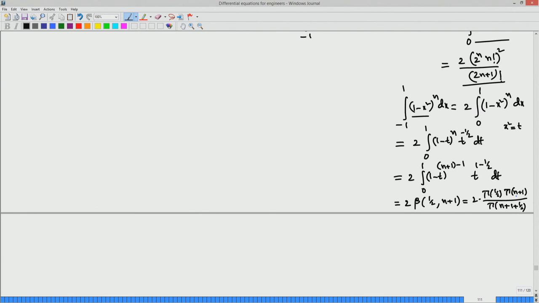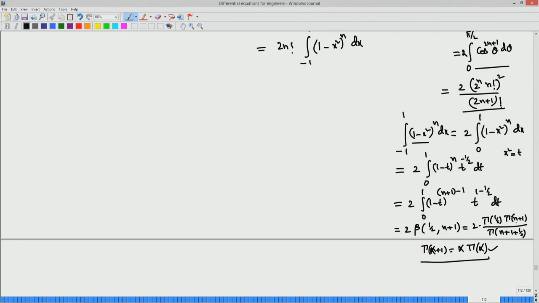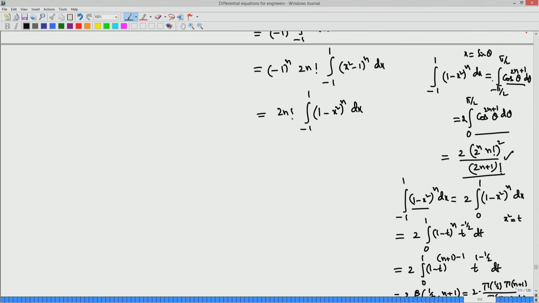So, you expand these gammas, gamma half is root pi, and you use the formula gamma alpha plus 1 is alpha into gamma alpha. If you use this formula and expand these gammas, you will see exactly the same thing. So, that I leave as an exercise.